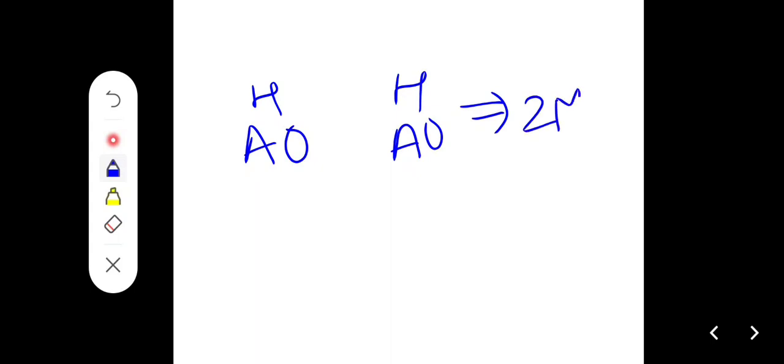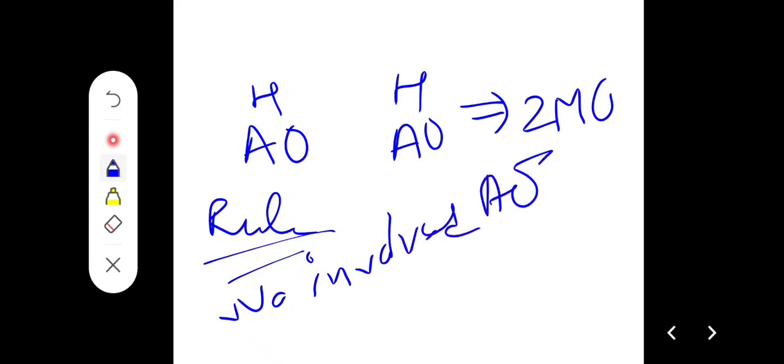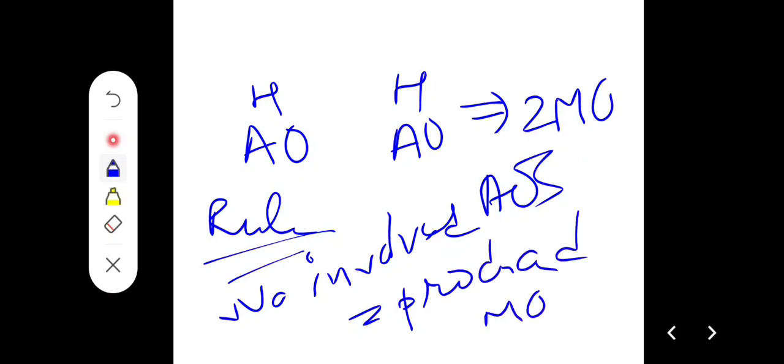Now both hydrogens give atomic orbitals, and they produce two molecular orbitals. Always remember the rule: the number of involved atomic orbitals equals the number of produced molecular orbitals.